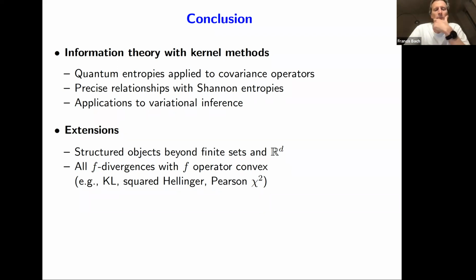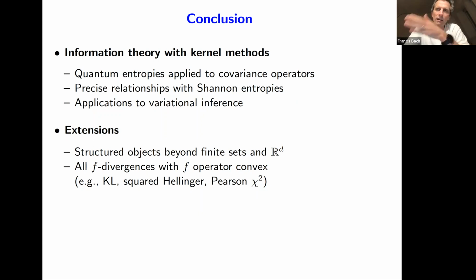If you don't like KL divergence, okay, this work extends almost word for word, not the estimation part, but in terms of the upper bound, it extends directly to all f-divergences.